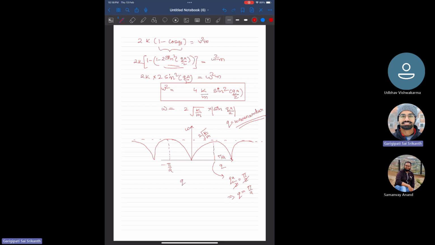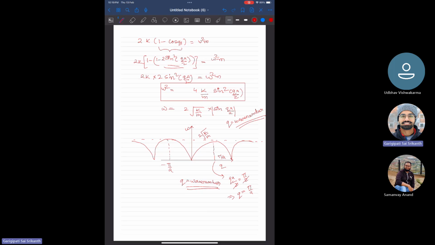So this is q, the wave number, right? So essentially this is like omega versus q. What is this plot like?